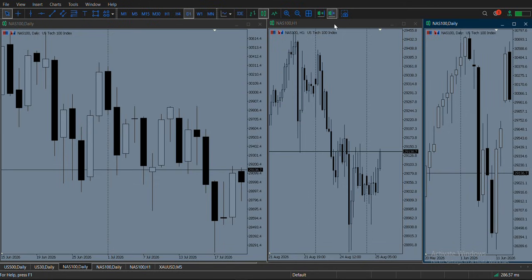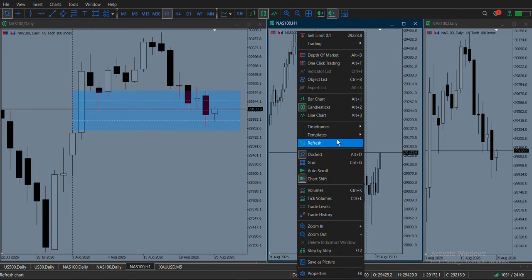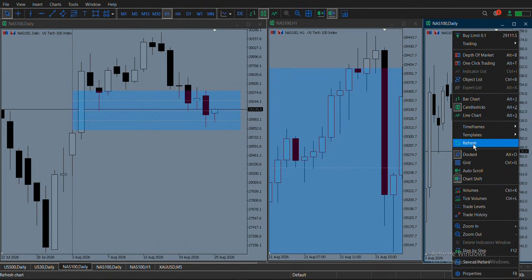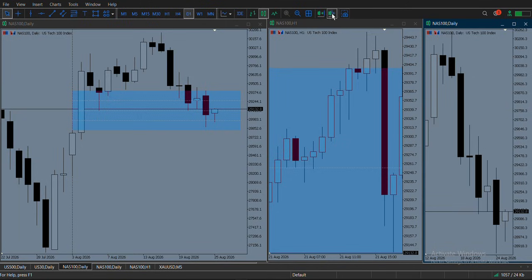I want to have the same thing that I have for the daily chart here. So I want to go here, templates, and then use what I've just done here. Templates. There we go.